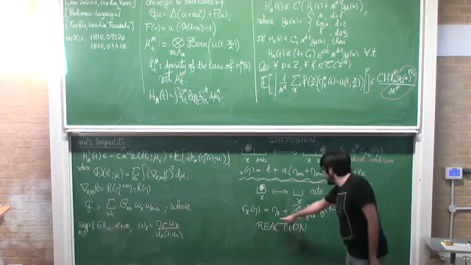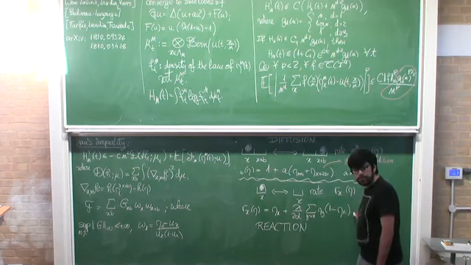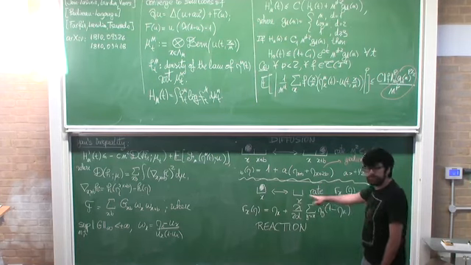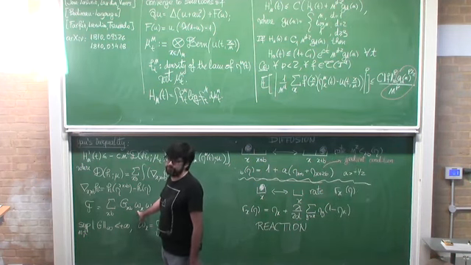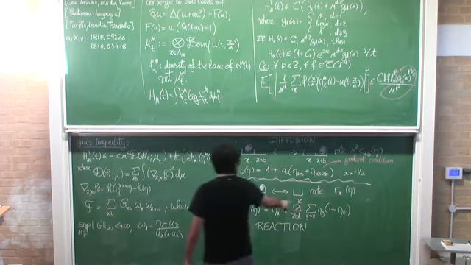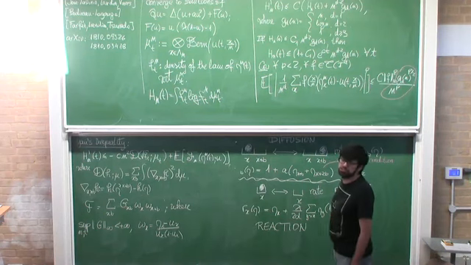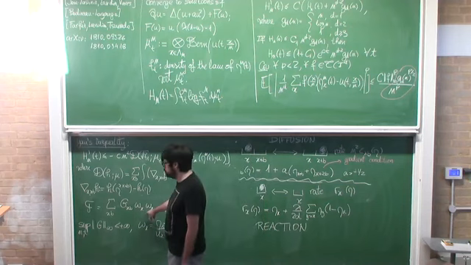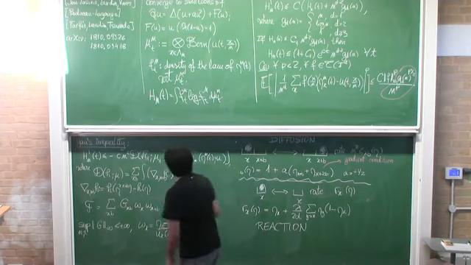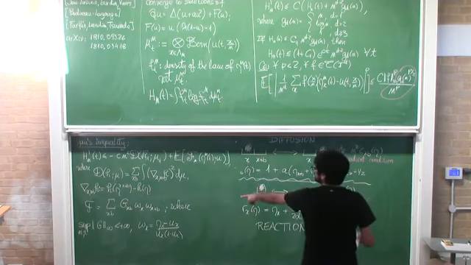Here I took a reaction term with a quadratic type of interaction. That means that here you will have a product of two guys. If you take a cubic type of interaction, here you will have a product of three. And this is for a equals 0.